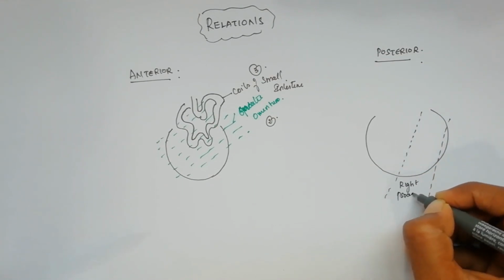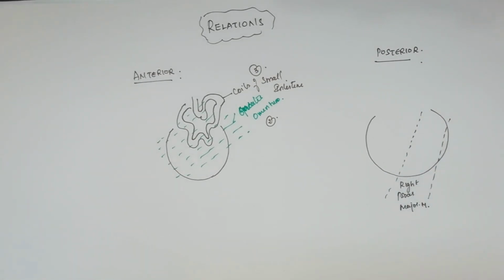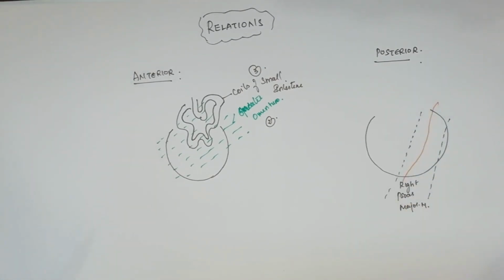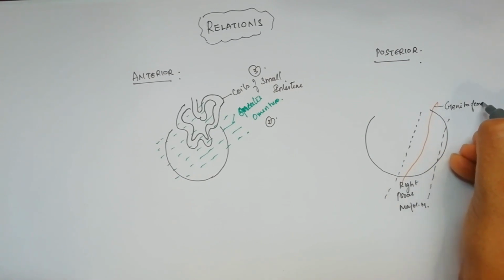Along with this muscle, there is a nerve passing, and that nerve is called the genitofemoral nerve.